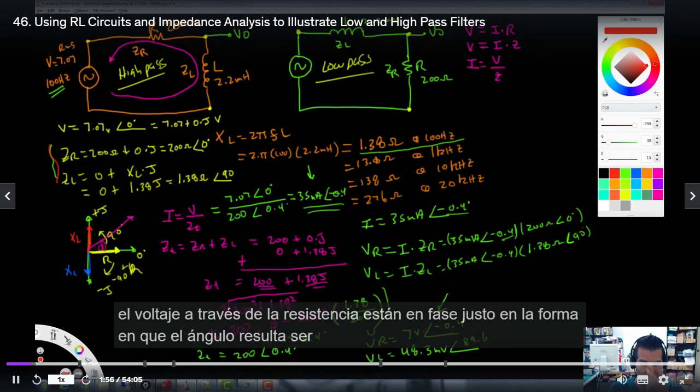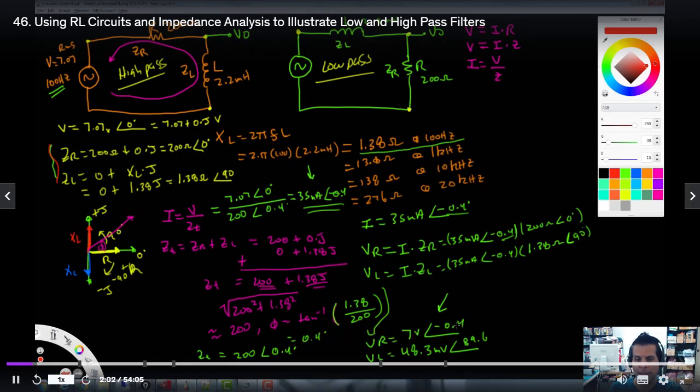So the current and voltage across the resistor are in phase, right? And the angle happens to be minus 0.4.